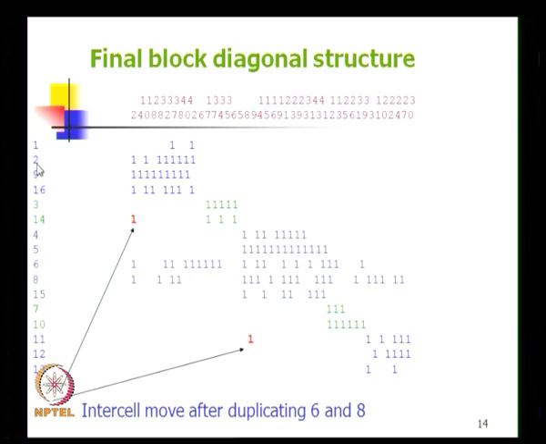Once again, if we look at the first cell which has 1, 2, 9, 16, and if we assume that 6 and 8 are also duplicated, this cell will have 1, 2, 6, 8, 9 and 16 as 6 machines, and it will make these components: 2, 4, 10, 18, 28, 32, 37, 38, 40 and 42.